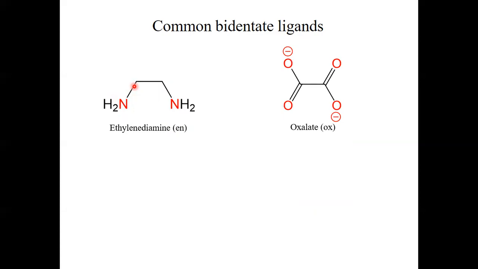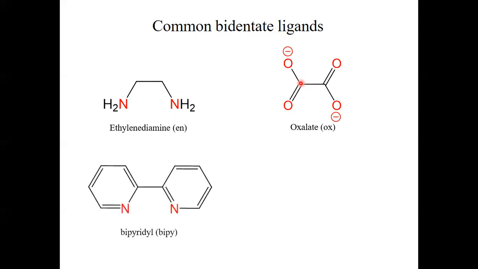In this case, we have two oxygen donor atoms with two carbon atoms in between. Another very common bidentate ligand is the bipyridyl ligand. The abbreviation is bipy. This is kind of the aromatic analog of the ethylene diamine ligand.